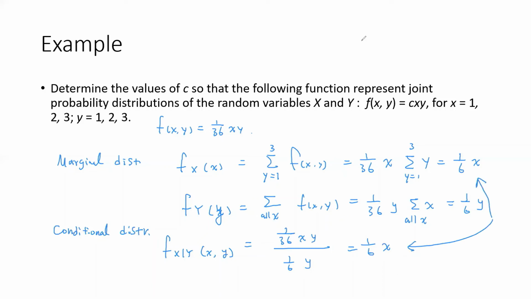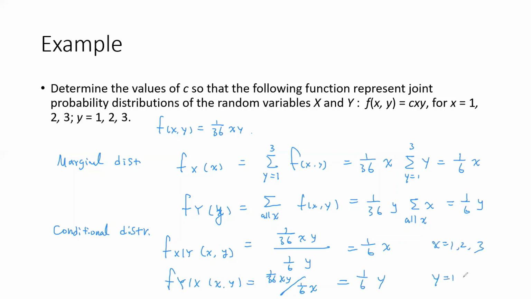There's a property that describes this kind of result. And similarly, y given x, you have the joint 1 over 36 xy divided by 1 out of 6x, and you get 1 over 6y. Again, x is 1, 2, 3, y is 1, 2, 3. Okay, so that's a simple example for this kind of function.